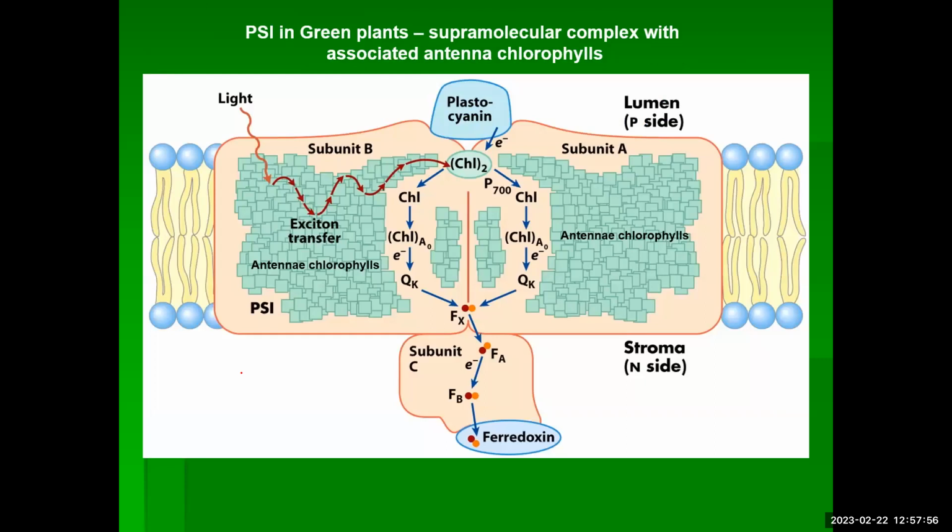And here's PS1 in plants. So you have your LHCs, lots and lots of LHCs with their antenna pigments. You get the electrons to the reaction center chlorophyll, shown here.